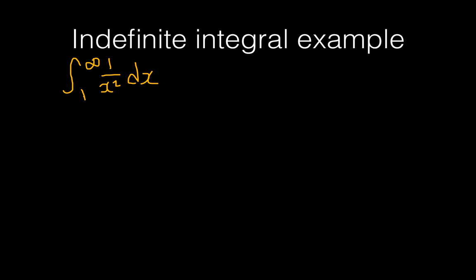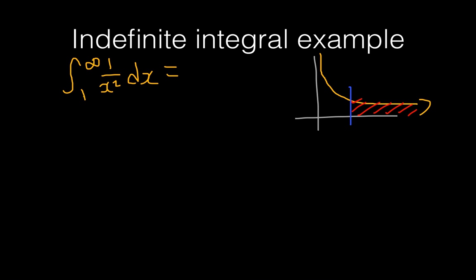And just to show you a graph of what this is going to look like, so if here is 1, we want to find the area underneath here all the way to infinity. And it looks like it's going to have an infinite area, but we're going to go ahead and solve this improper integral and see what it actually comes out to be.